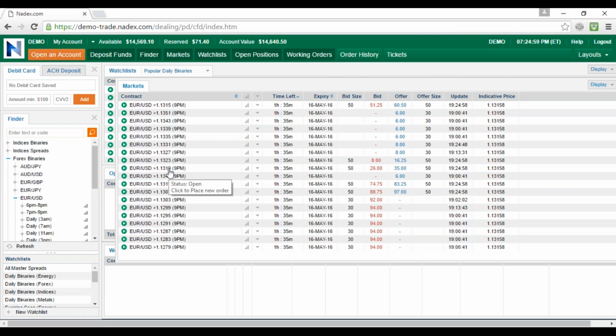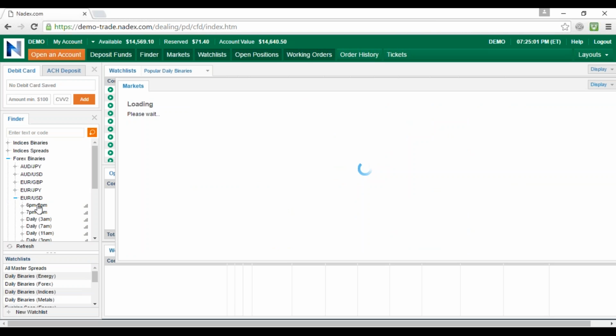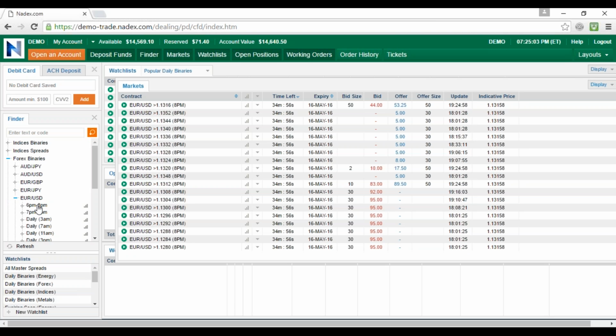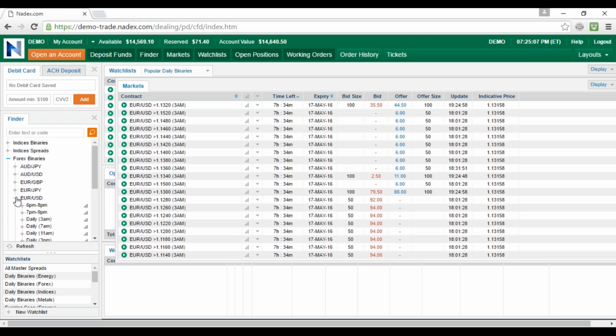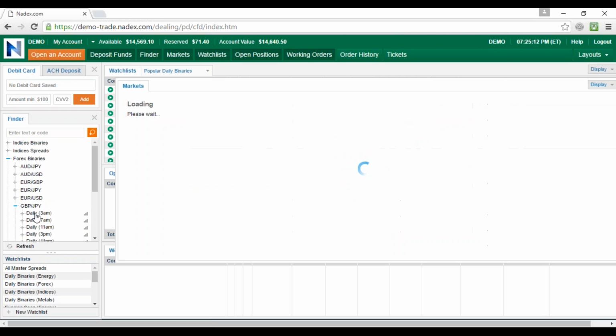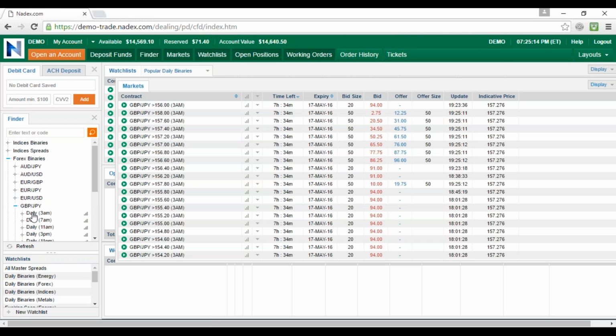So we know that at expiration, a binary is either worth 0 or worth $100, right? Let me find a different one to show you something real quick here. All right. So we know that a binary is worth 0 or 100 at expiration.